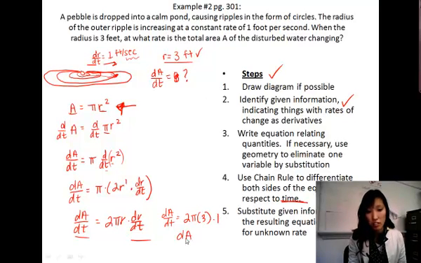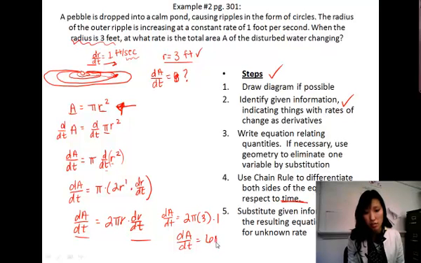So the rate at which the area is changing at that instantaneous moment when the radius is 3 feet, which is what they were interested in, is 6 pi. You could leave it like that, otherwise you could take 6 times 3.14.